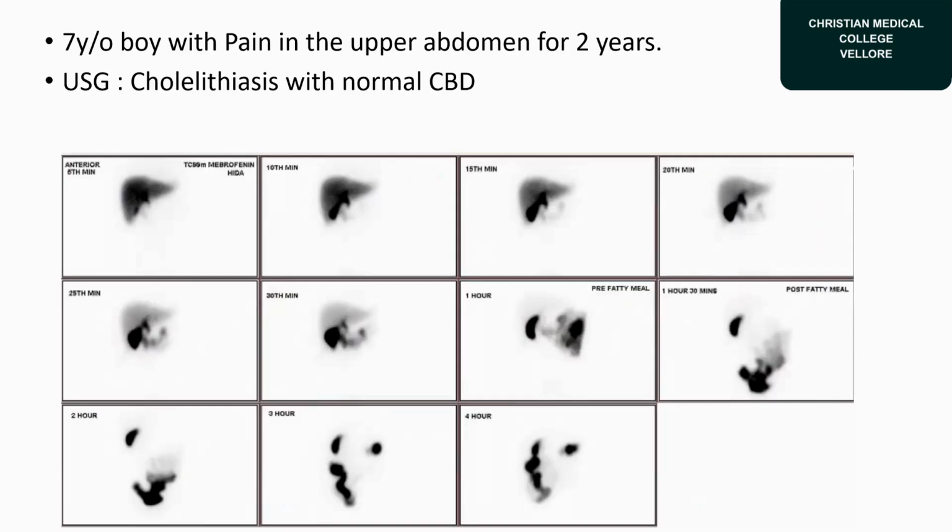So this was one of our patients. This is actually a 7-year-old boy who presented with abdominal pain for 2 years, but ultrasound showed cholelithiasis. So they wanted to know if it is symptomatic or asymptomatic cholelithiasis.